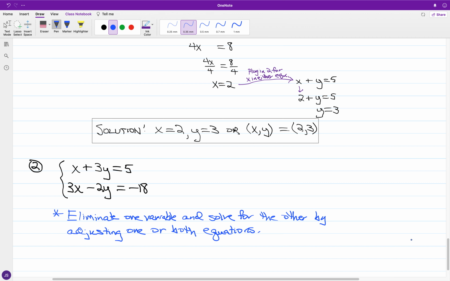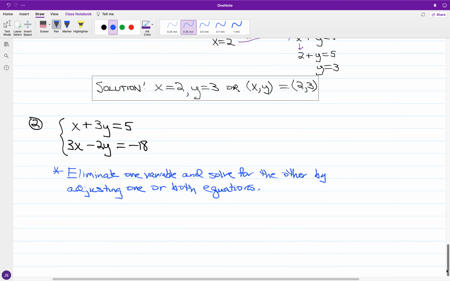In other words, adjust one, if not both equations, where I'm going to have at least a set of additive inverse terms in either x or y, where I can provide elimination. And see, if I have x plus 3y is equal to 5, and I got 3x minus 2y is equal to negative 18.